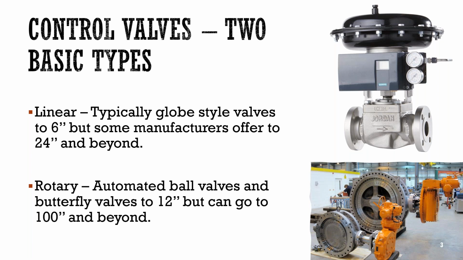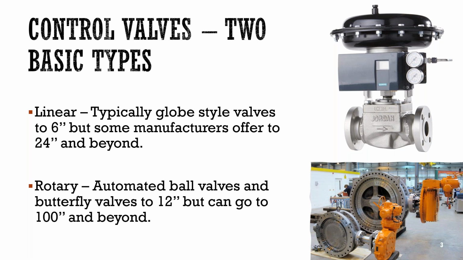There are basically two types of control valve. One would be linear, and we're going to focus primarily on linear type control valves today, but they're typically globe style valves up to 6-inch, though some manufacturers offer up to 24 inches and beyond. So these can get pretty significant size-wise.